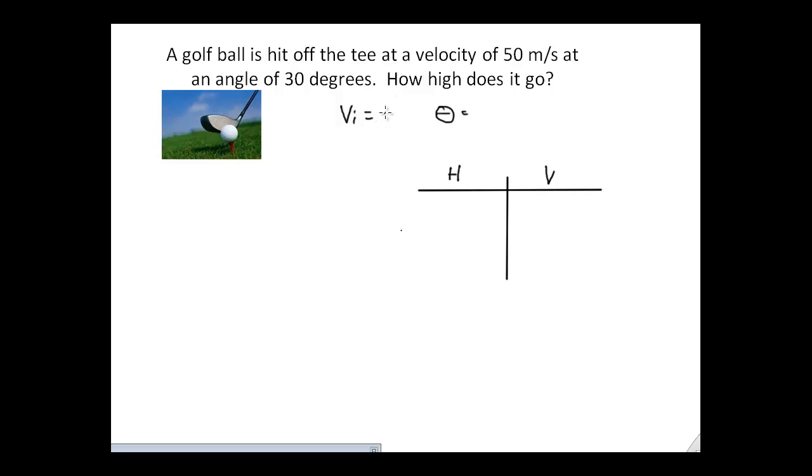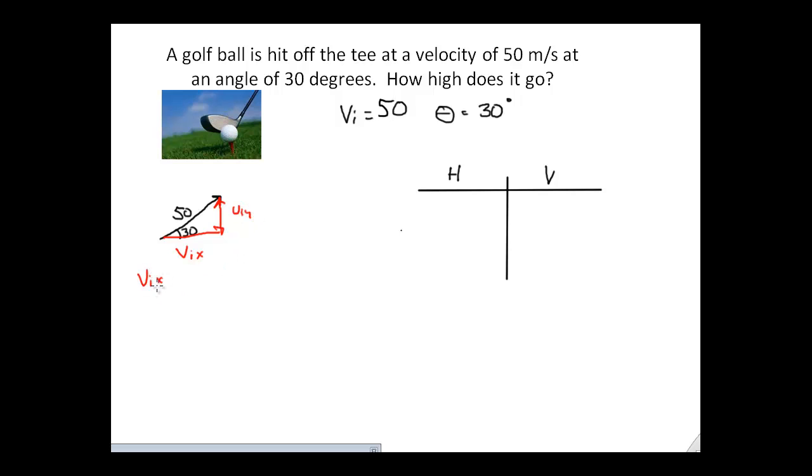So its initial velocity is 50 meters per second, and the angle is 30 degrees. So it might be good to draw a triangle here. That's 50. Again, that's 30. It's VIX, VIY.